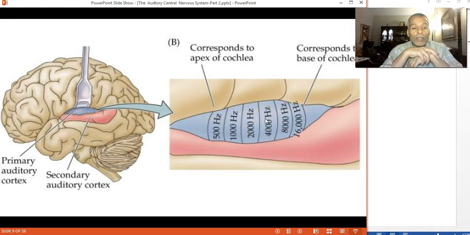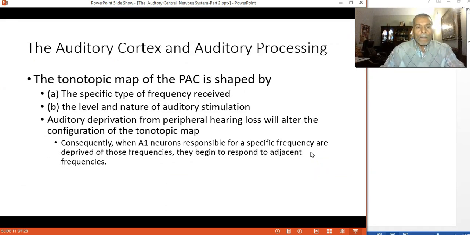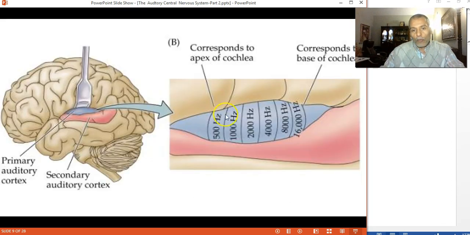But there are some very good things that we need to know that are really promising about this area and about the neuroplasticity in this area. So the tonotopic organization of this map, every single piece of it, every single neuron in here, has to be stimulated by a particular kind of frequency.